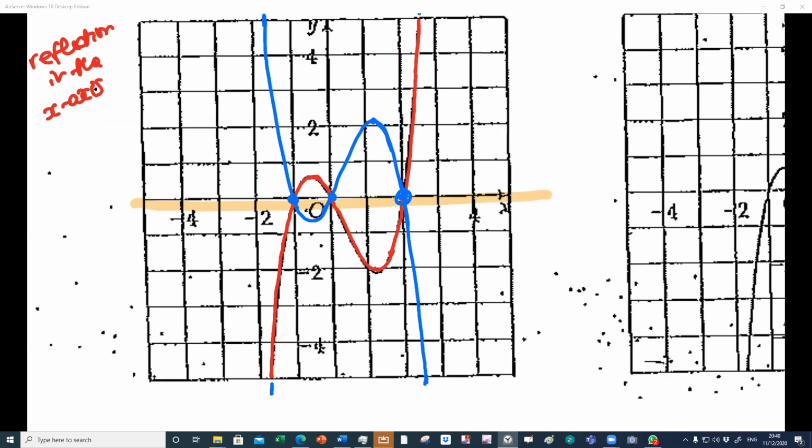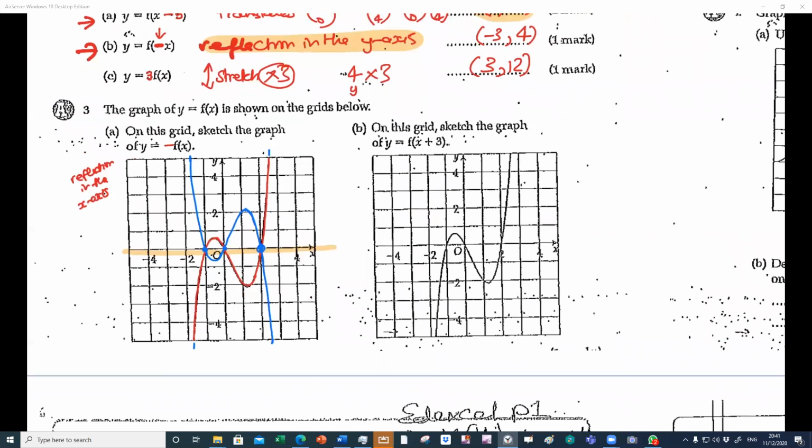MashaAllah, that looks beautiful. So now, we can label it y is equal to minus f of x is the blue one. Yes, that's our new one. And let's go back to red. y equals f of x is our original one. Done? Yeah. You happy with that?